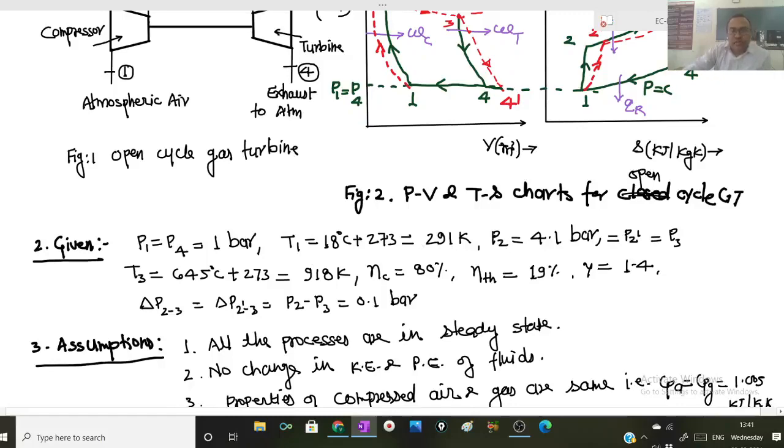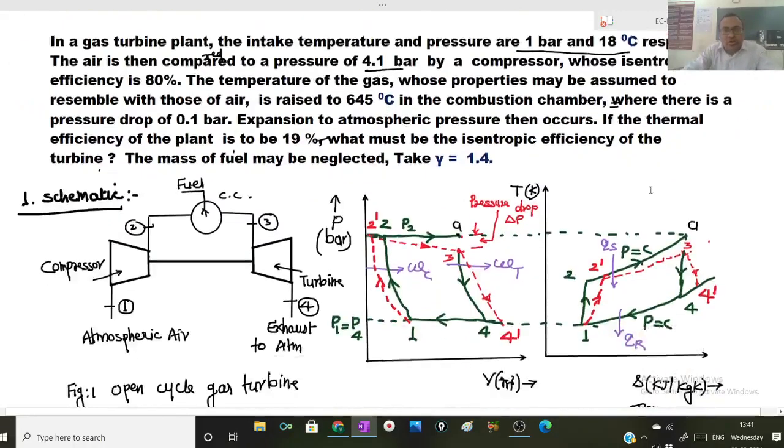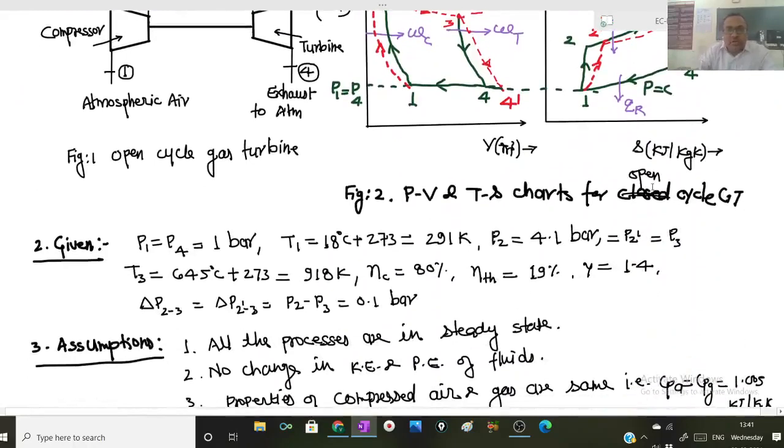P2 is given as 4.1 bar after compression.